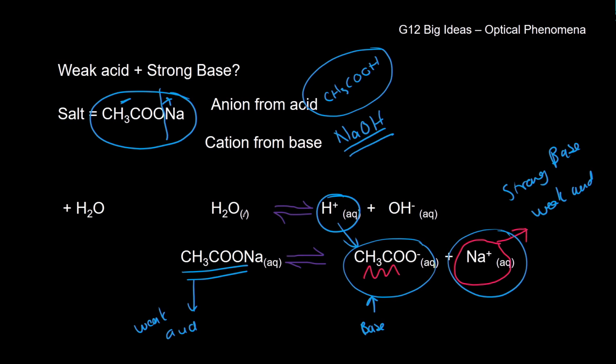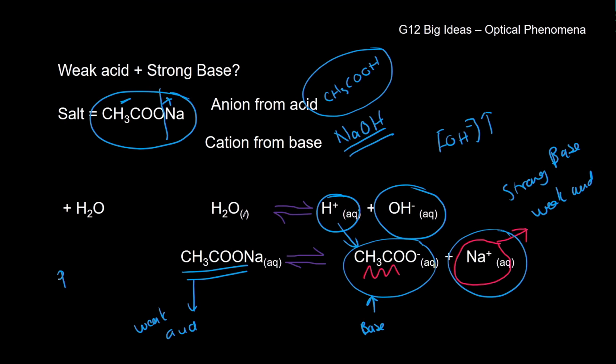It takes those out of solution, and so we end up with a higher concentration of the hydroxide ion. That means that this salt, which is formed, is a slightly basic salt, and it forms a slightly basic solution. So the pH of this solution is going to be a little bit higher than 7, just a little bit higher than 7.